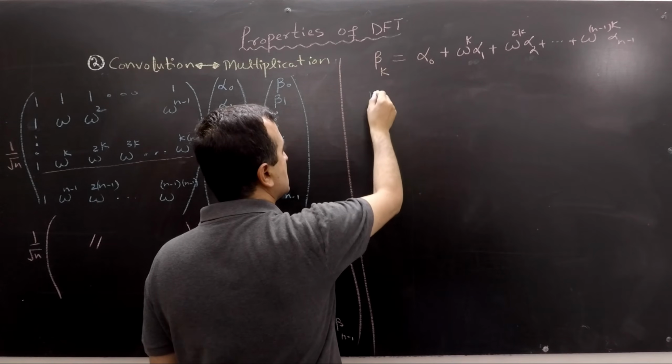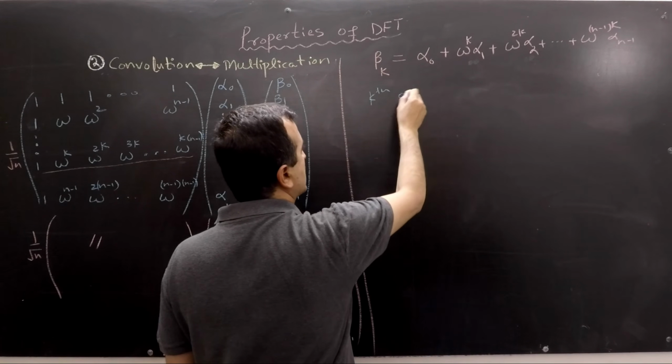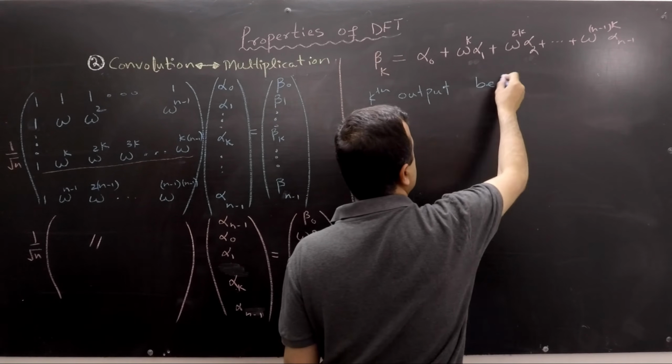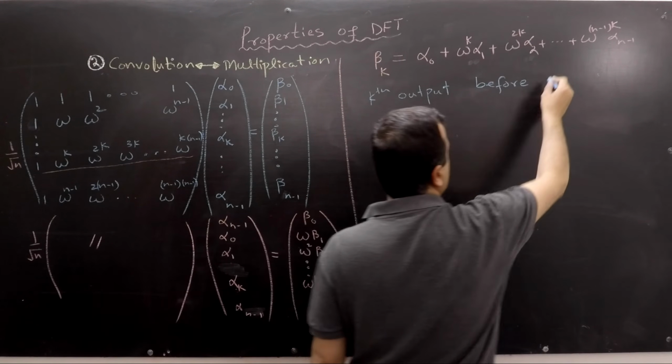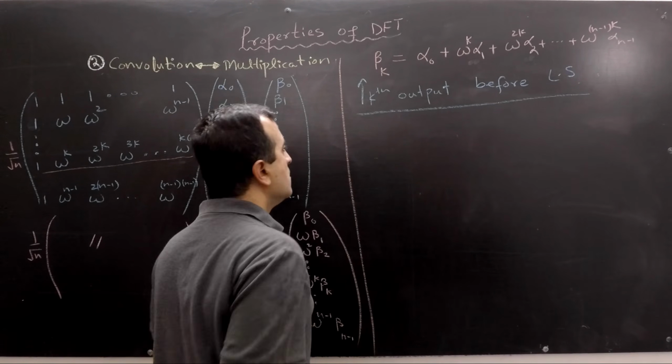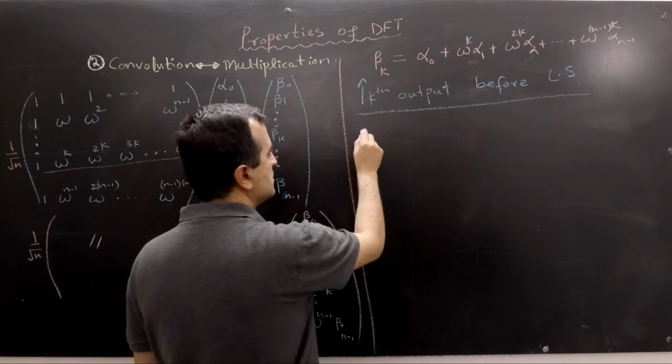So this was the kth output element before a linear shift by 1. Now I linear shift my inputs by 1.